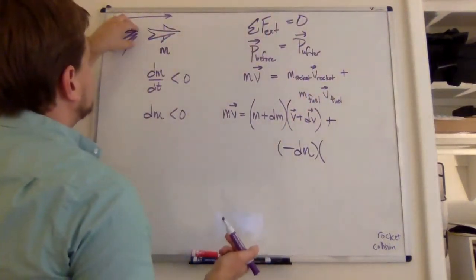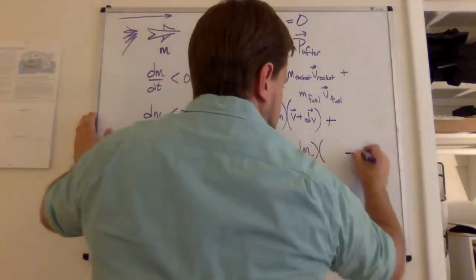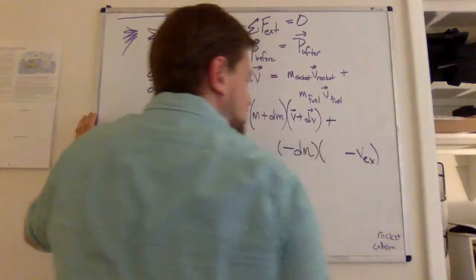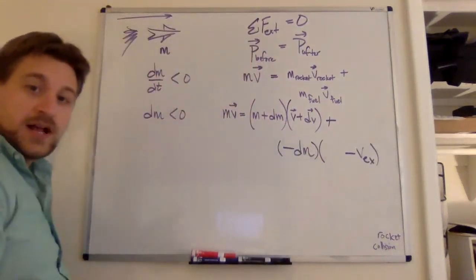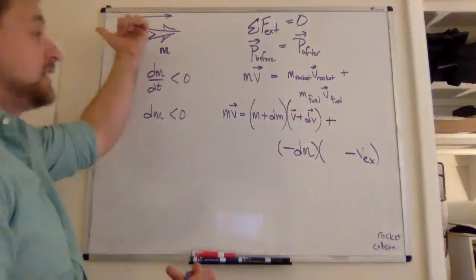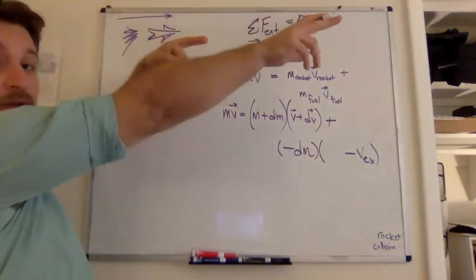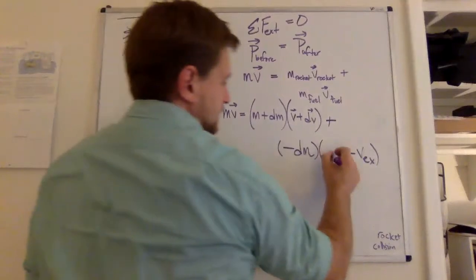This fuel was pushed that way at some speed according to how the rocket exhausts its fuel, but that's a leftward going velocity that needs to be added to the fact that the whole thing was already moving with velocity v.